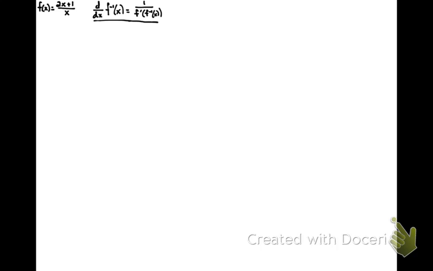Let's begin by simply finding the inverse, and from pre-calculus, recall that we can set this up. I'm going to simplify the right hand side to 2 plus 1 over x, and I'm going to solve this equation for x.